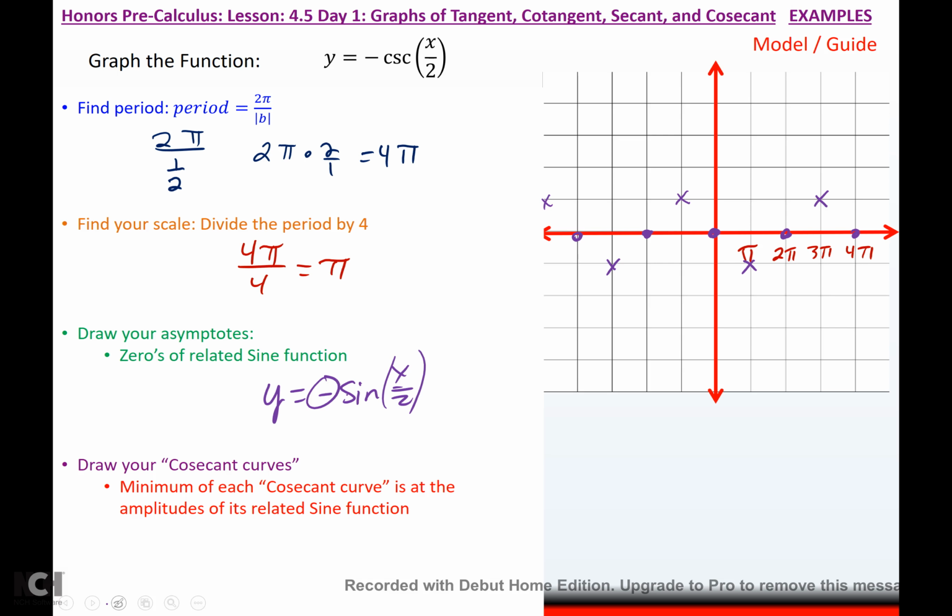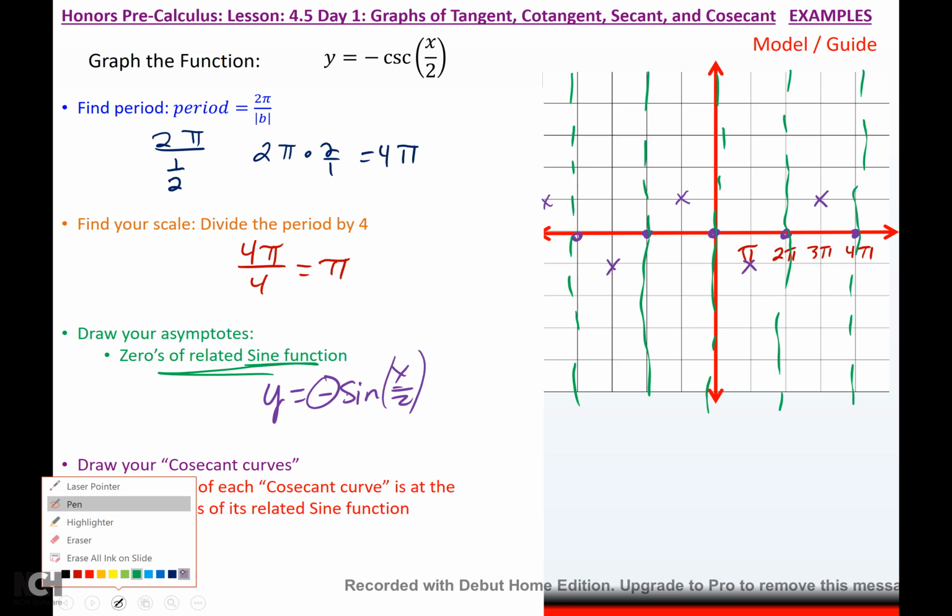So to do cosecant, we are going to draw our asymptotes, which are at the zeros of the sine function. So I've got an asymptote here, an asymptote here, an asymptote here, an asymptote here, an asymptote here. Okay, and then we're going to draw our cosecant curves, which are the parabolas at each of the asymptotes.